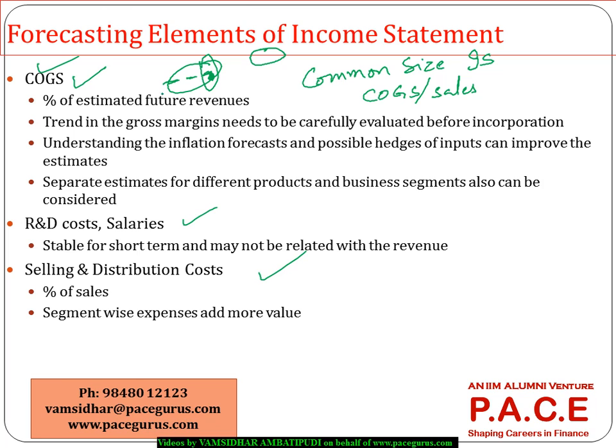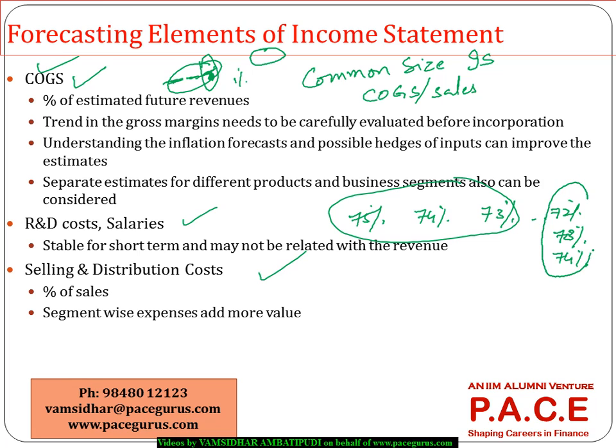The only thing we may have to consider is if there is some kind of a trend in this ratio, right? COGS as a percentage of sales, okay, every year there is a drop by 1%. Initially it was 75%, then the next year I saw that COGS is 74, then it is 73. Do I need to make the next year 72, or should I keep it at 73 itself, or should I keep it at 74, which is the average of all these 3? All these 3 scenarios are possible.